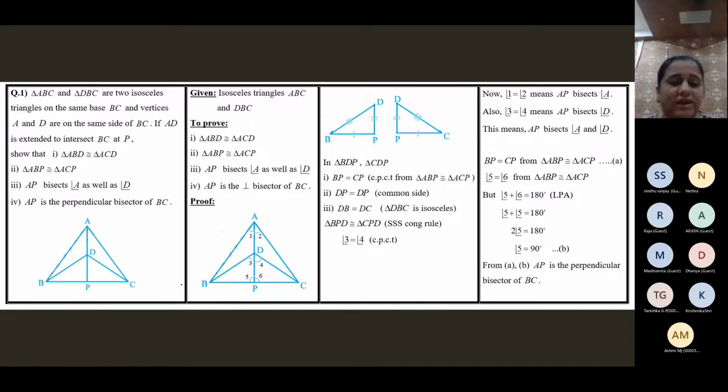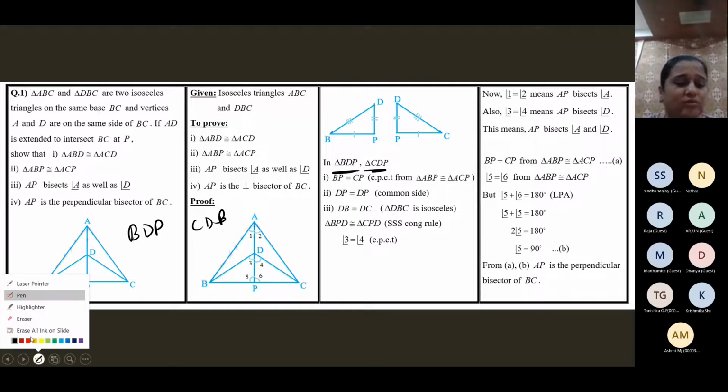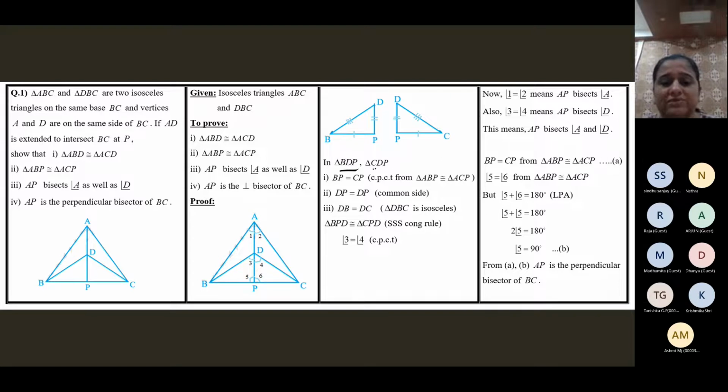So now we have to prove that AP bisects angle D. This is angle D, so you have to prove that angle 3 is equal to angle 4. You're not asked to prove that BDP is congruent to CDP, the small triangle and the small triangle.